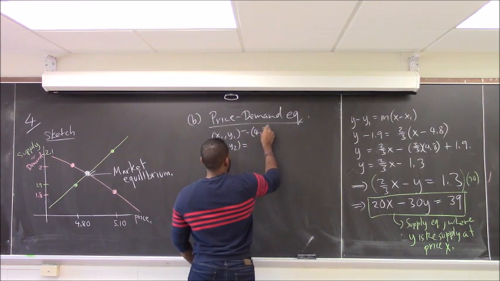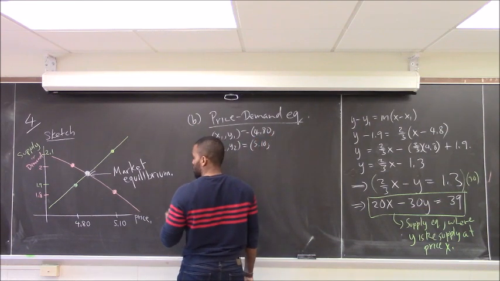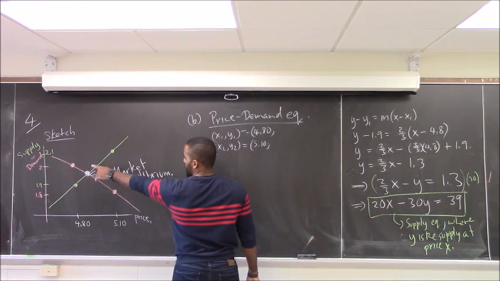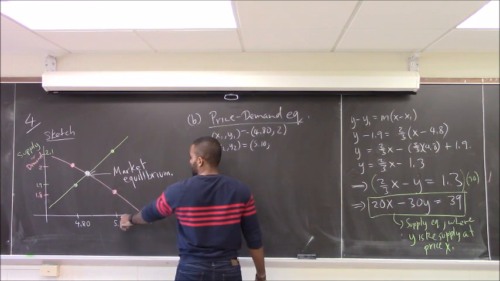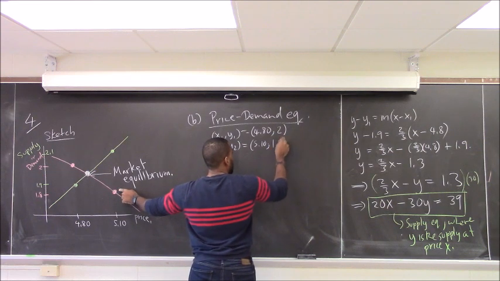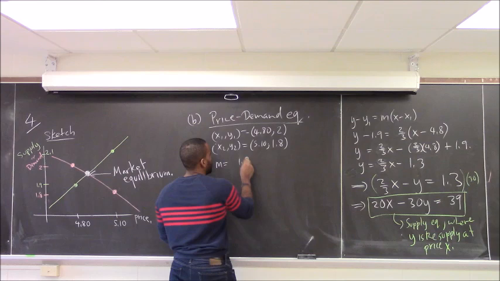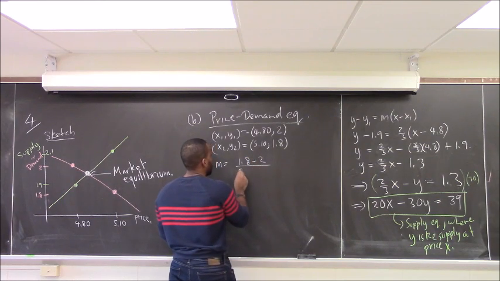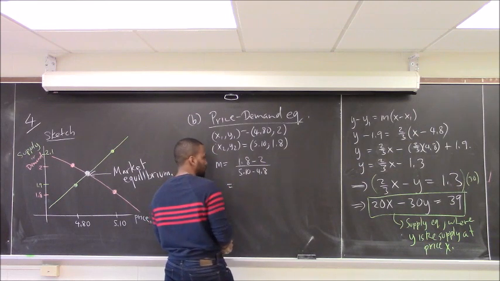First price is 480, second price is 510. What happens with the 480? The demand is 2 exactly, and at 510 the demand is 1.8. So my slope is going to be y2 minus y1 over x2 minus x1. What's that?